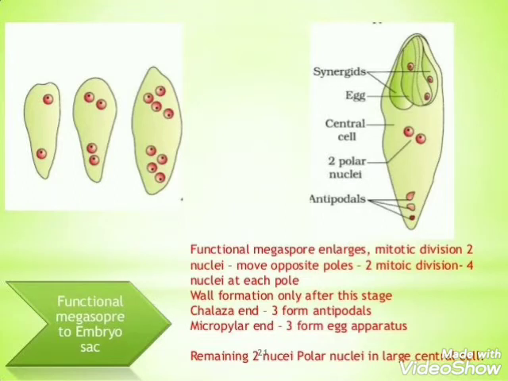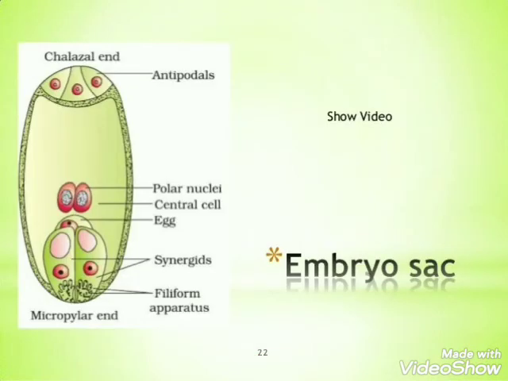The central cell contains 2 nuclei known as polar nuclei. The 3 cells at the micropylar region form the egg apparatus. In the egg apparatus, the middle cell is the largest and is called the oosphere, egg or ovum, while the other 2 naked cells adjoining the egg cell are called synergids.